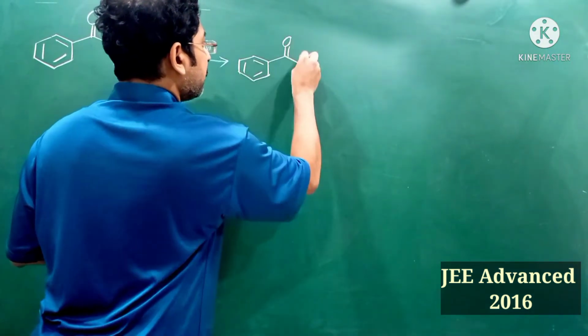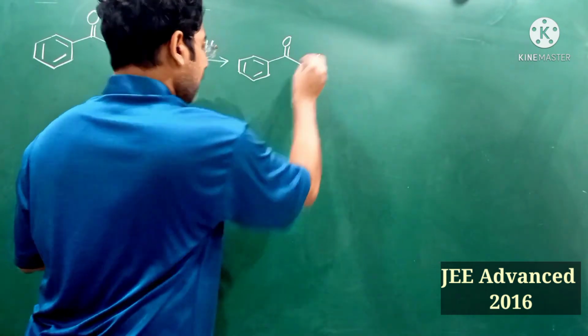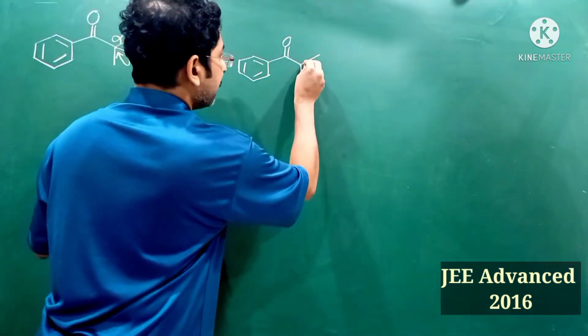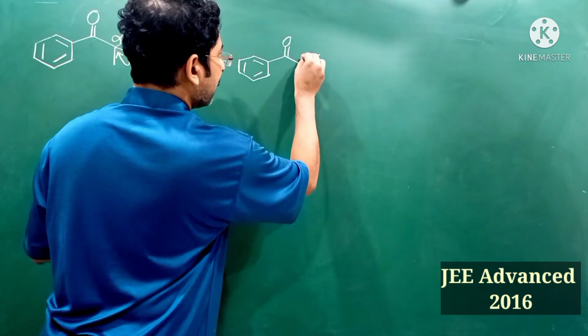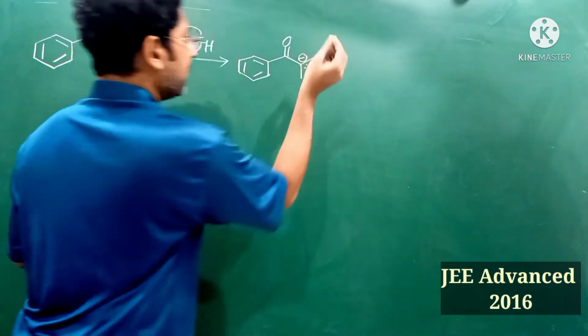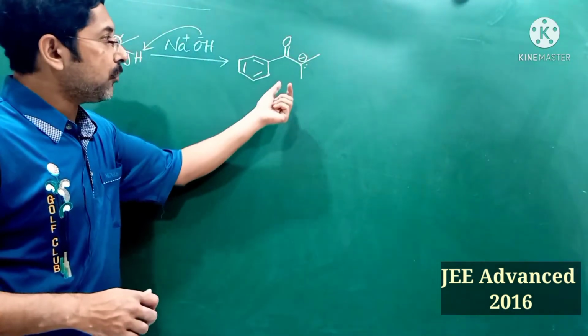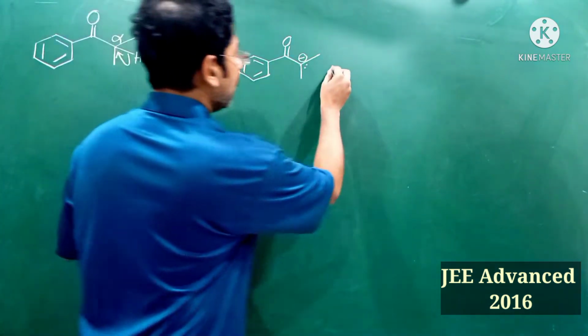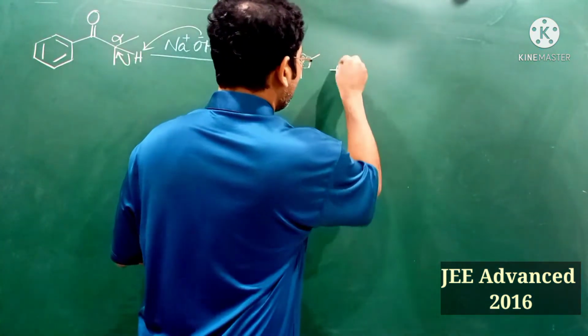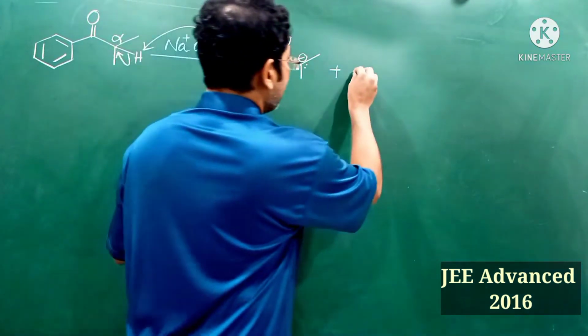This one is of course negative. This carbon contains 2 electrons. Now what will happen? Formaldehyde is present in the medium, so of course this one reacts with the formaldehyde molecule.